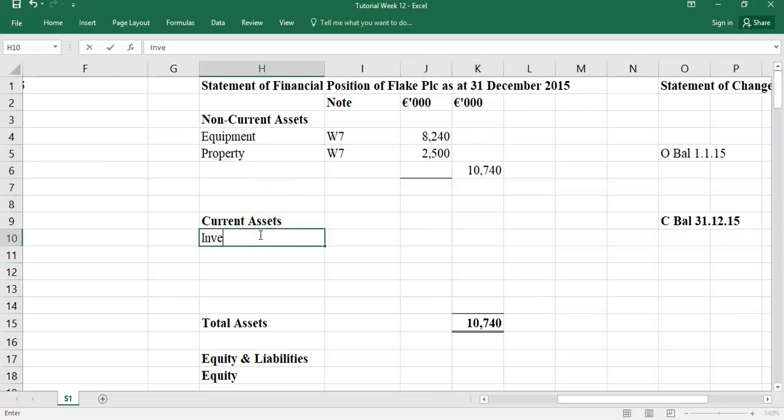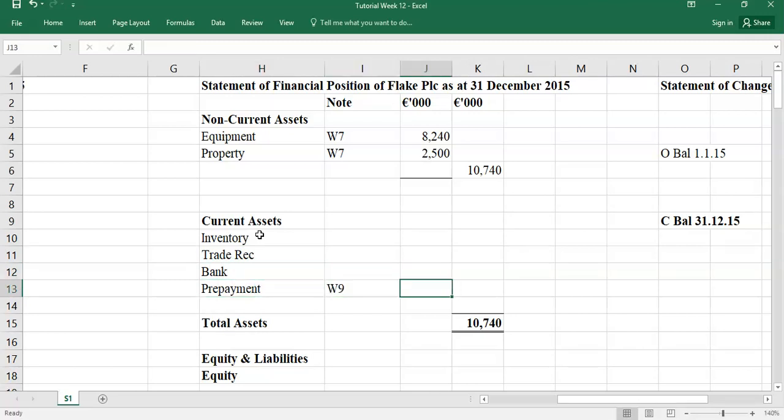Current assets, the normal ones: inventory, trade receivables, bank, and we also know now we have a prepayment. That's from working 9. That prepayment is 300. That's your insurance prepaid. Our inventory is coming from working 1. That is 5945. It's important to cross-reference to show the examiner where it's coming from. Trade receivables, that is coming from working 3. If we want to go back down and have a look at it.